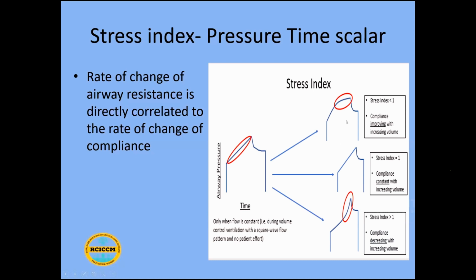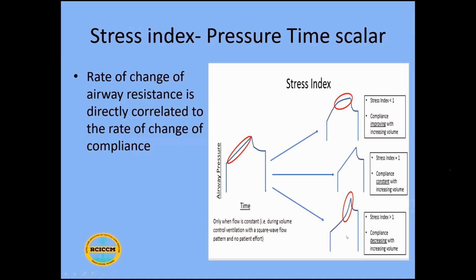But the one on the top, where the stress index is less than 1, the compliance will improve with the increasing volume, with an upward slope, or the slope is slower. So even eyeballing the ventilator interface at the bedside will tell you that the patient can be recruited with an increasing volume.